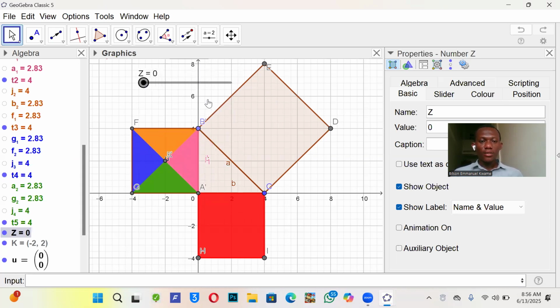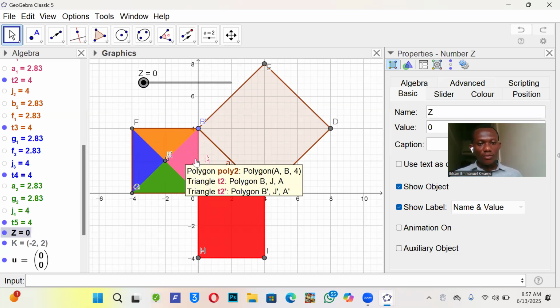So I had to go back to do some corrections. When you are doing it, make sure that the base and the height are of the same length. So as you can see now, when I move the slider, it fits perfectly. But if the base is longer than the height, then it won't fit. You get it? Good.